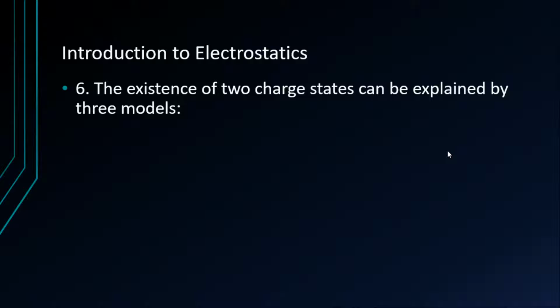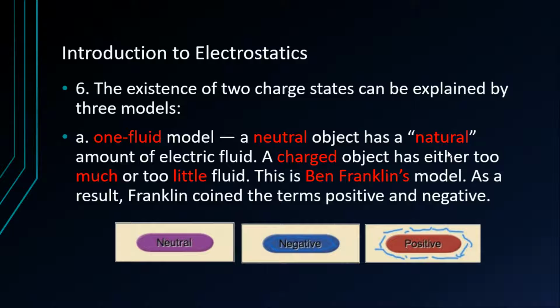The existence of two charged states can be explained by three models, and I'm going to tell you them very briefly here. Okay? So one is called the fluid model. Here, a neutral object has a natural amount of electric fluid.